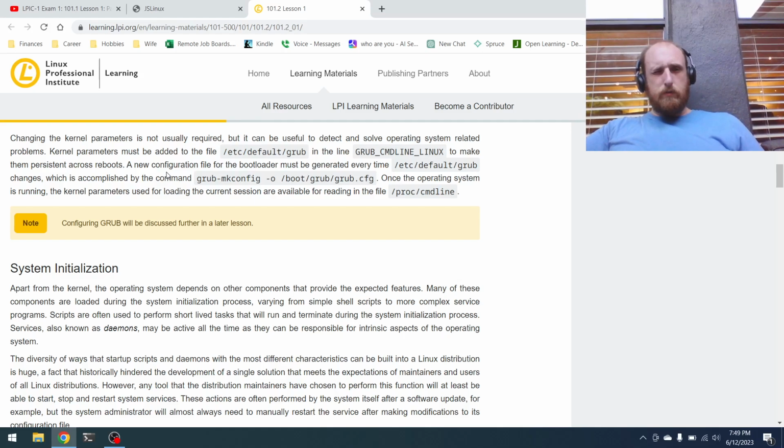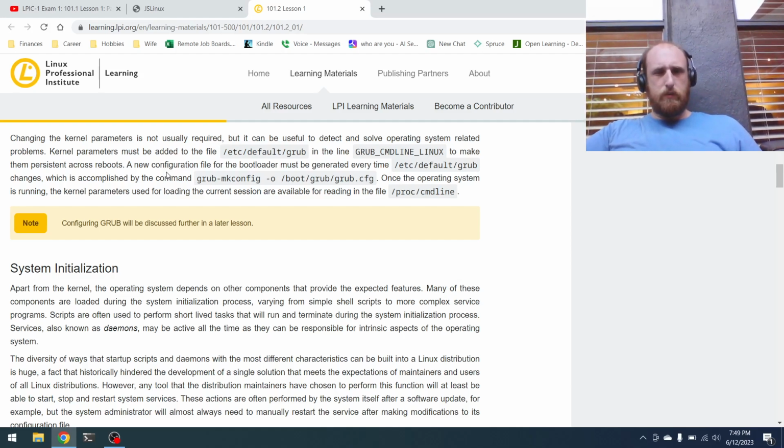A new configuration file for the bootloader must be generated every time /etc/default/grub changes, which is accomplished by the command grub-mkconfig -o /boot/grub/grub.cfg.